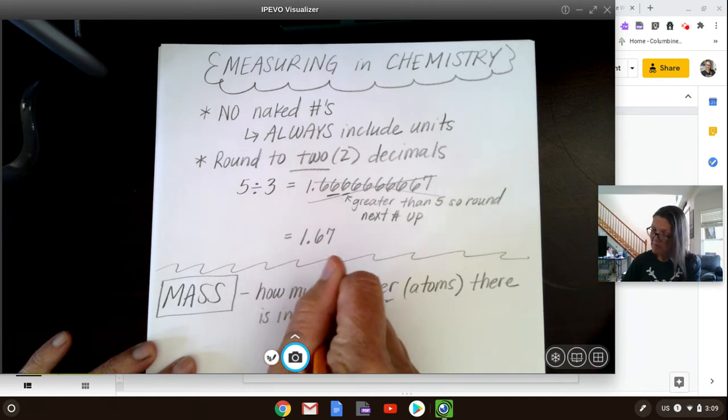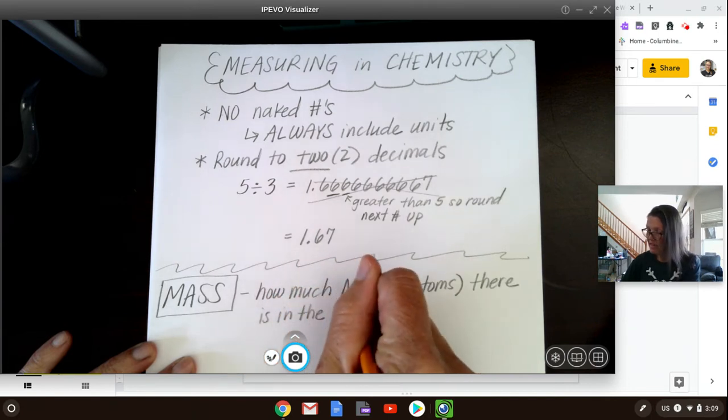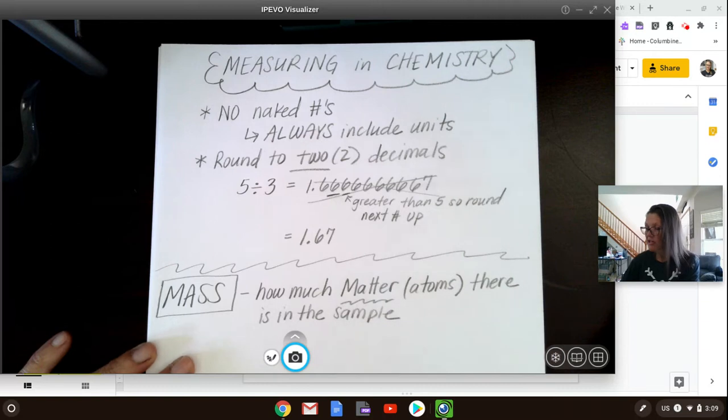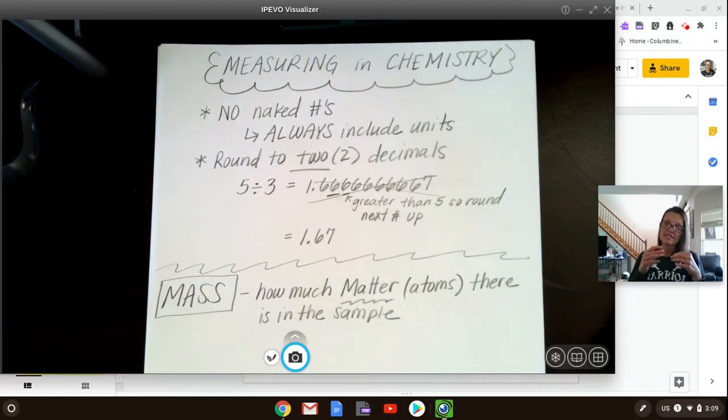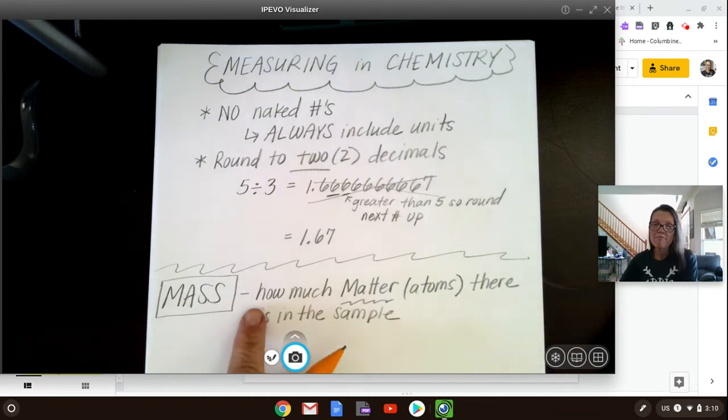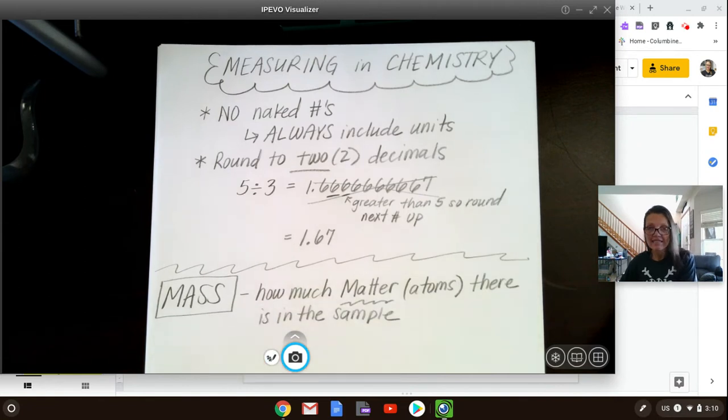The reason this can be true goes back to that idea of the mole that I told you about earlier. We know that there is an equivalent amount of atoms to mass. And again, this doesn't mean anything to you yet, but once you eventually learn that, you would be able to take a mass of a substance and convert it to exactly how many particles, atoms, or molecules there are in the sample. Okay? So how do we measure mass in the lab?